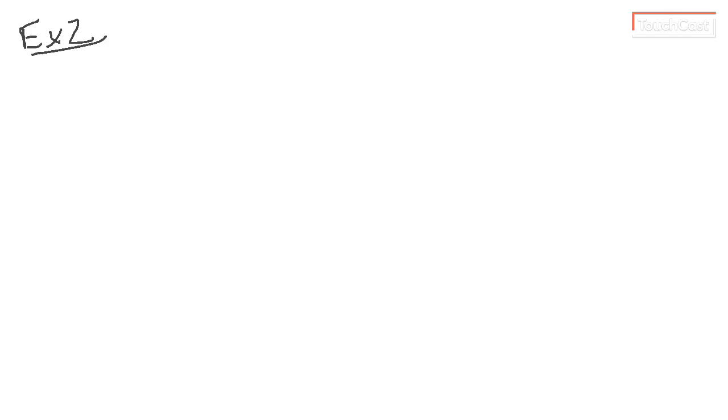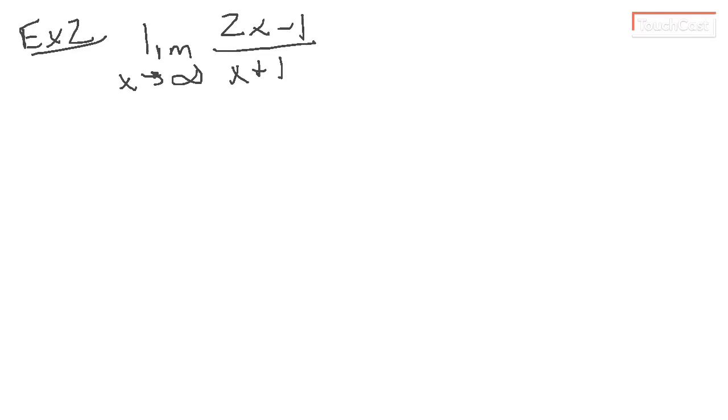So let's look at example 2 now. We are going to find the limit of 2x minus 1 over x plus 1 as x goes to infinity. So let's just take a quick note as to what is going on here.